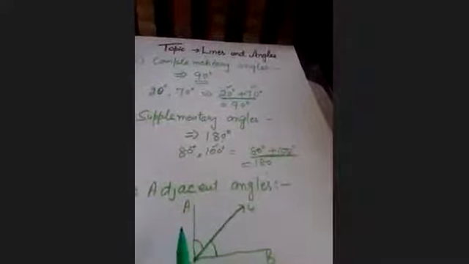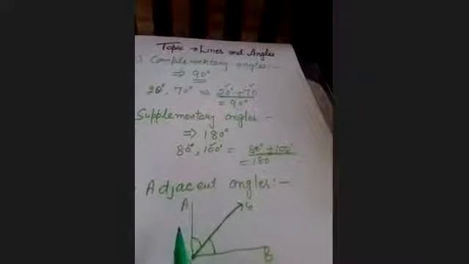The next point is adjacent angles. So what are adjacent angles? Two angles are called adjacent angles if they have a common vertex and a common arm.